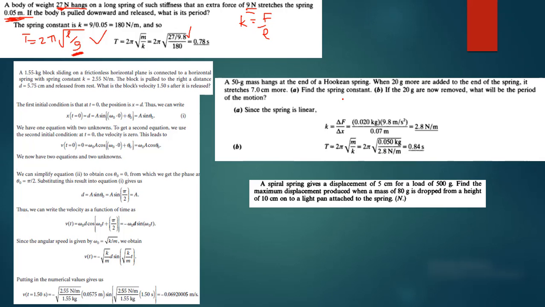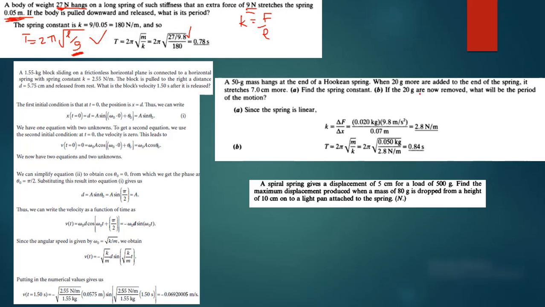Find the spring constant. Well, since the spring is linear, force, restoring force divided by the extension tunapata spring constant. So we are having the force, which is the extra mass 20 grams changing to kilograms, multiplied by g, the acceleration due to gravity, ili upate weight, divided by the extension ambayo ni 7 cm converted into meters, unapata spring constant.